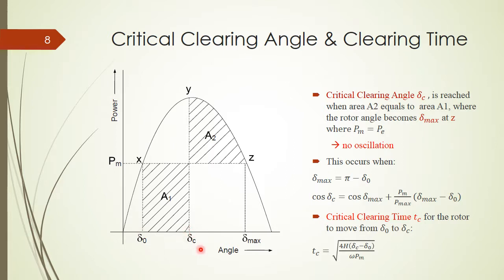And delta C, the critical clearing angle, will be given as cosine delta C equal cosine delta max plus PM over P max times delta max minus delta 0. So here we can find out delta C by taking the arc cosine of this one.